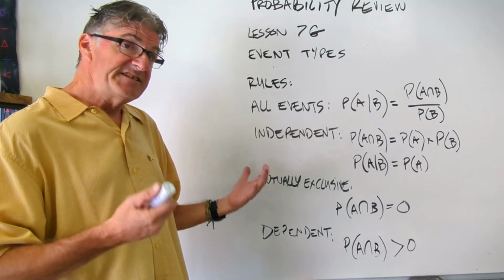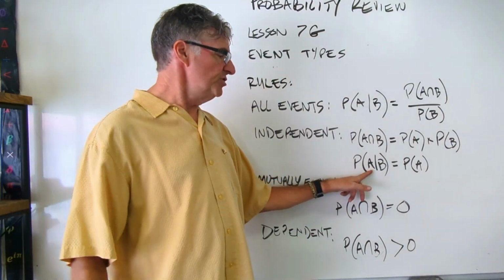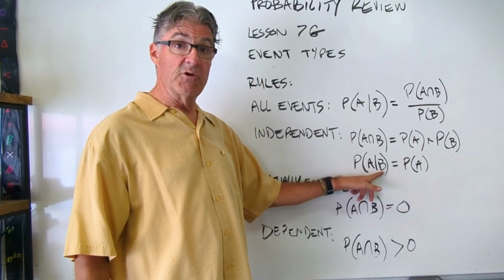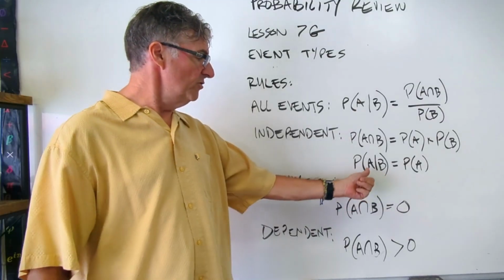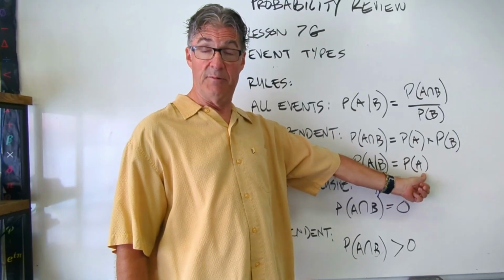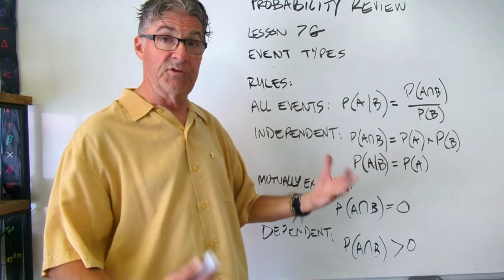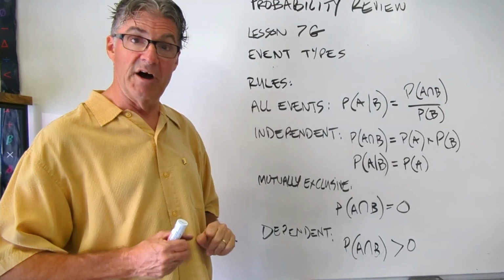And then that tells us also, remember, independent events, the probability of A shouldn't change depending on whether or not B happened. So that means that the probability of A given B should just be the probability of A. And you can use these two equations here to prove that symbolically if you want.